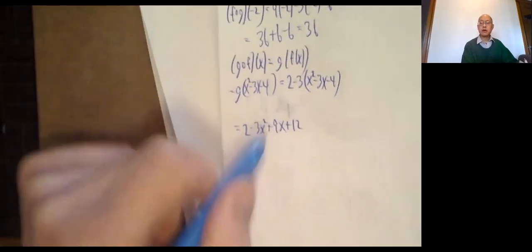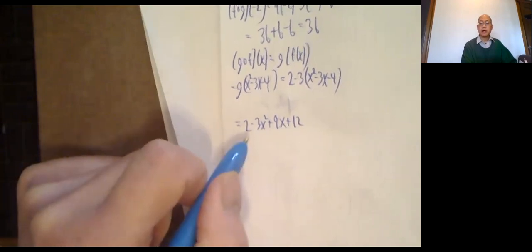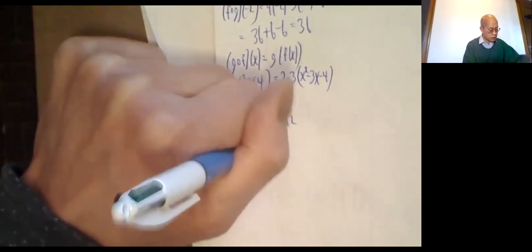And 2 plus 12 is 14. Negative 3x squared plus 9x plus 14.